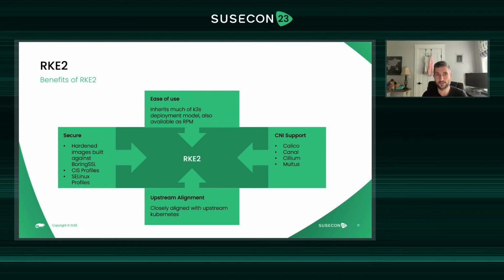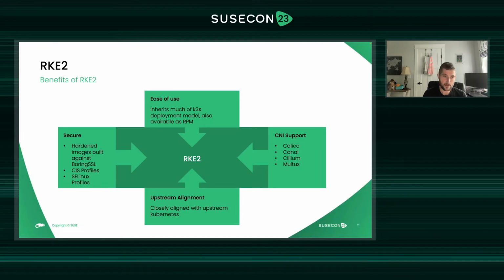Okay, so what are the benefits of RKE2? The very clear, obvious one here is security. All of the images used in RKE2 are hardened. They're built against BoringSSL and GoBoring, which is FIPS compliant.